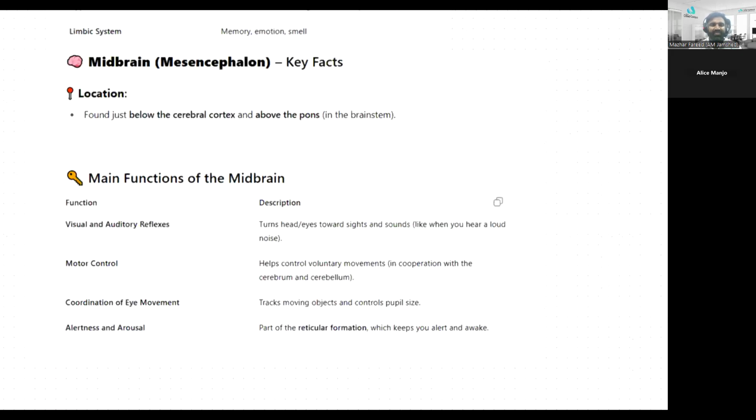Midbrain is also known as the mesencephalon. Its location is below the cerebral cortex and above the pons.